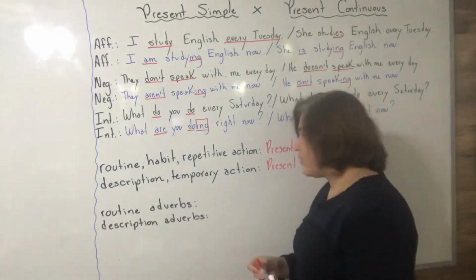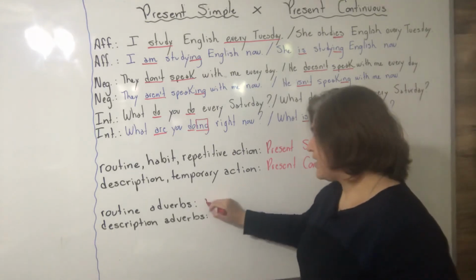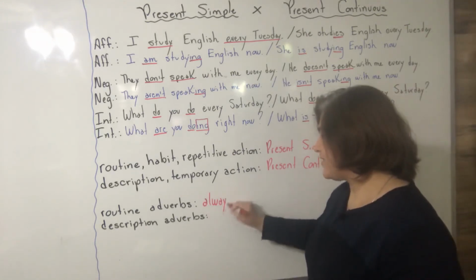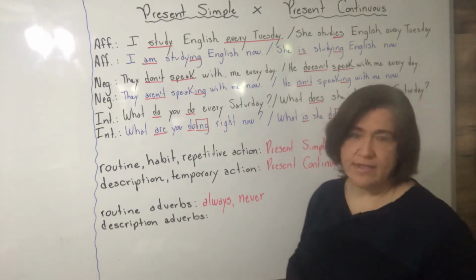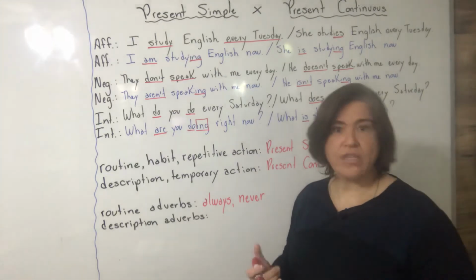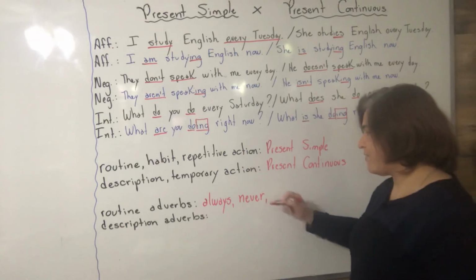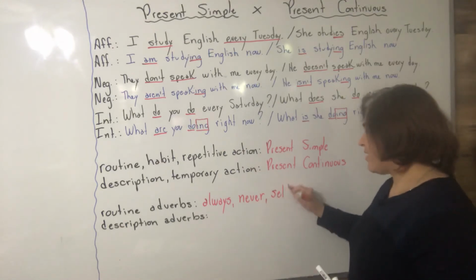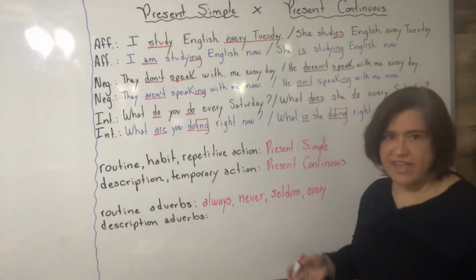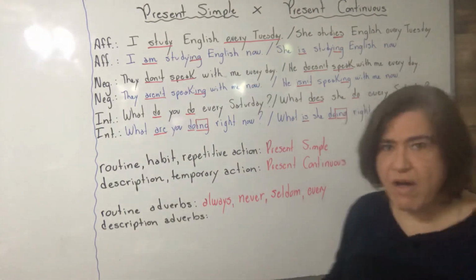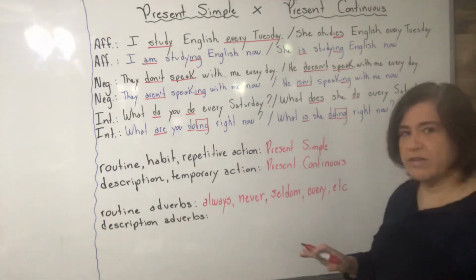So students, we have adverbs to indicate routine. Example, always. I never eat meat because I am vegetarian. So it's a habit, never, okay? Seldom, every day, every week, every month, every year, etc. We have more adverbs for routine.